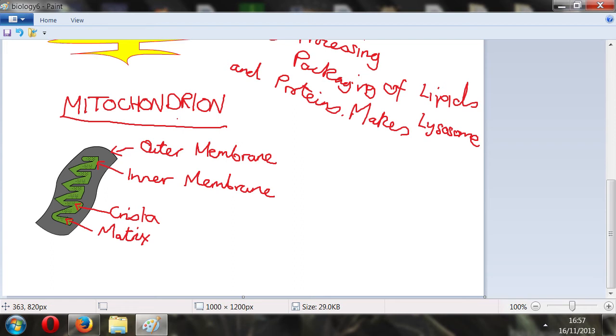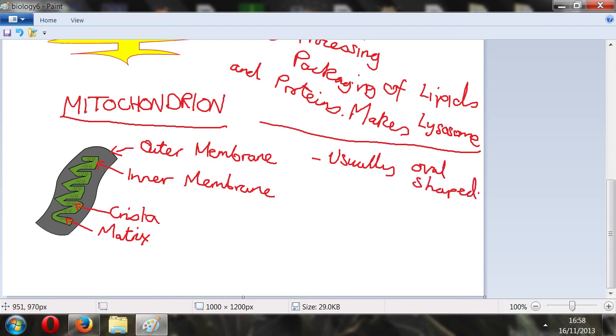The mitochondrion has certain qualities. It's usually oval shaped, with a double membrane, of course. The inner membrane is actually folded.